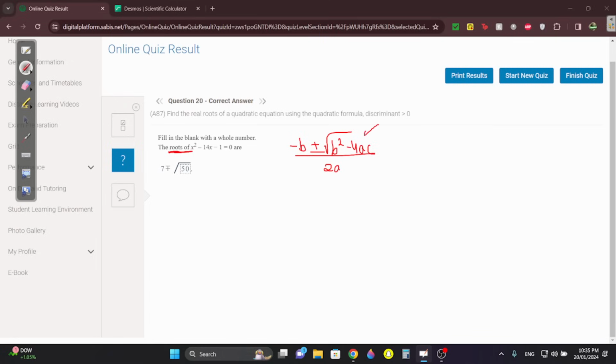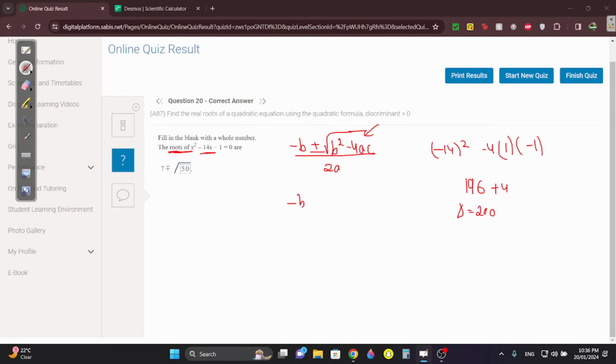First thing, I tell you, find the discriminant, b squared minus 4ac, so it will be negative 14 squared minus 4 times a, which is 1, times c, which is negative 1. 14 squared is how much? 14 squared is 196. Plus negative 4 times 1 times negative 1 is going to be plus 4. So my delta, the discriminant, is 200.